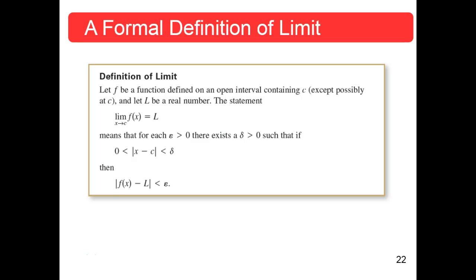Then the statement, the limit as x approaches c of f of x is equal to L, means that for every epsilon greater than 0, no matter how small you choose that epsilon, there is going to be some delta, close to 0 but greater than 0, such that if x is within delta units of c, then it's guaranteed that f of x is going to be within epsilon units of L.